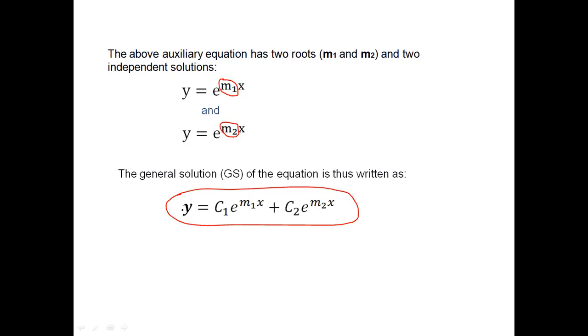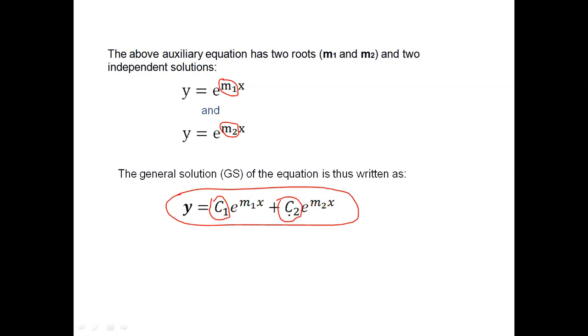One would ask where the c1 and the c2 have come from.